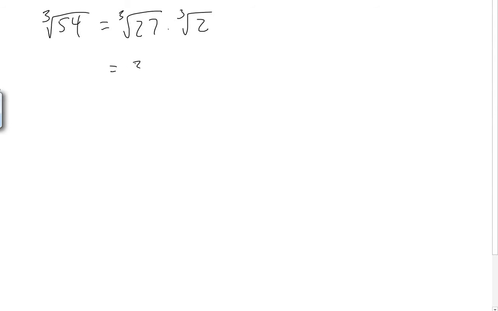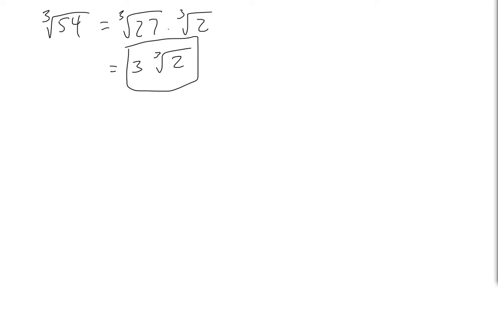The cube root of 27 is just 3. And then the cube root of 2, that just comes along for the ride. So the cube root of 54 can be simplified to be 3 cube root of 2. And so, like I said, the bigger your list, the easier these problems will be, essentially.